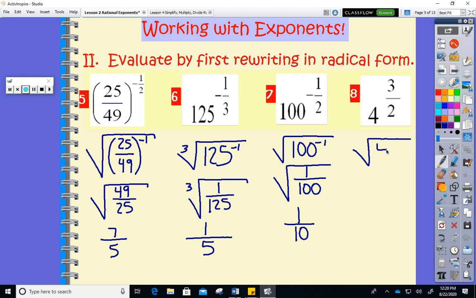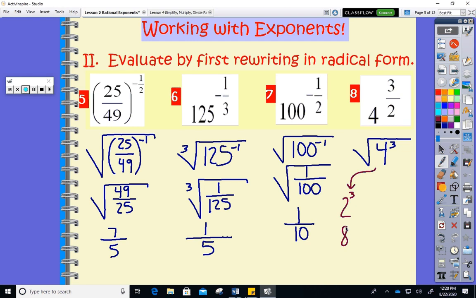So guys, on this one, you've got two choices. You're allowed to do the square root first, or you're allowed to do 4 to the 3rd first. So you can do either one. You can manage without a calculator. So if I said, well, I'm going to do the square root first, then I would say the square root of 4 is 2. And then I would still have 2 to the 3rd, and 2 to the 3rd is 8.